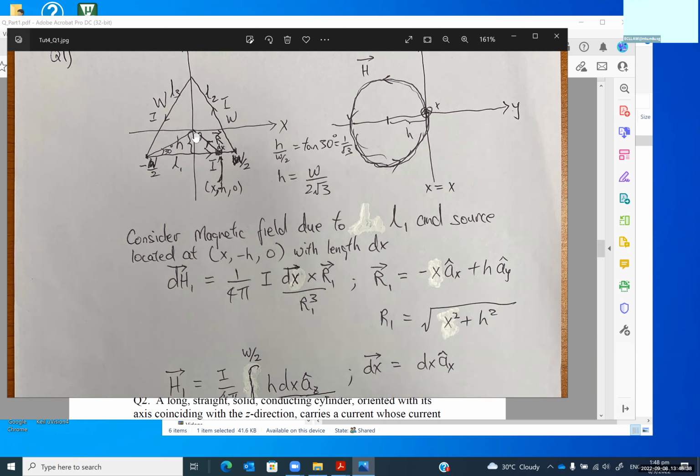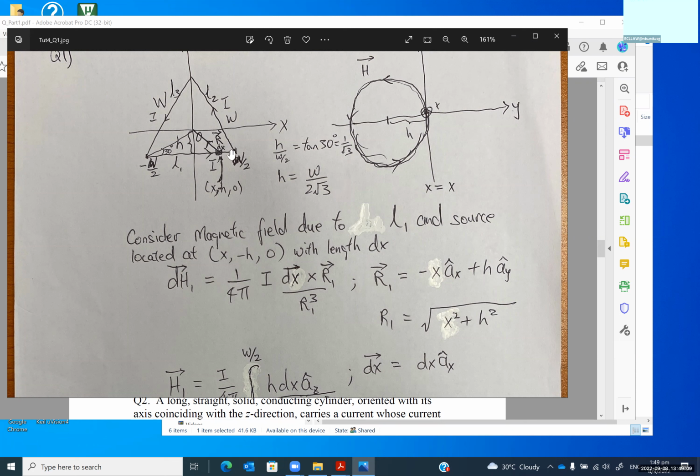This is our h that we try to find, and this is our W/2. So tangent 30 degrees is h divided by W/2, so from there you get h is W/2 times square root 3. Okay with that? Are you okay now? Follow. So we are now done with the magnetic field due to this wire.